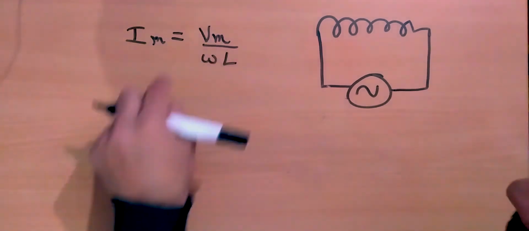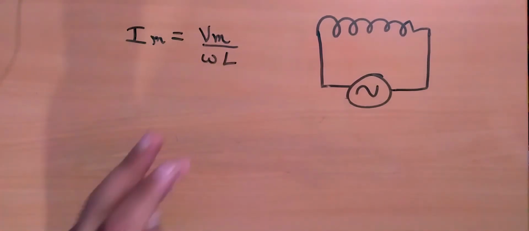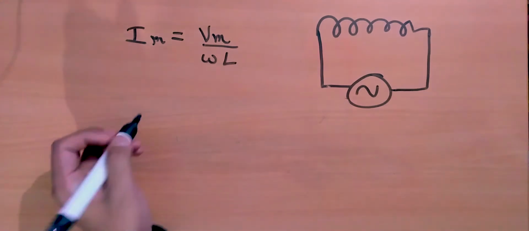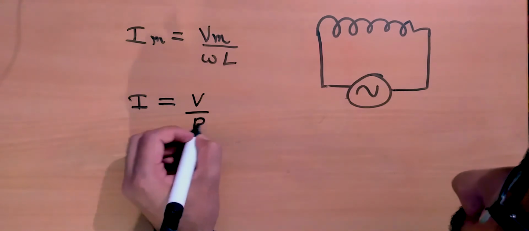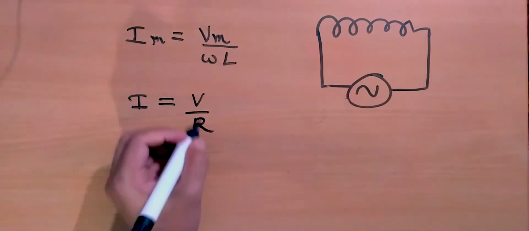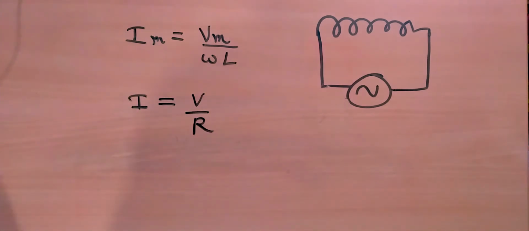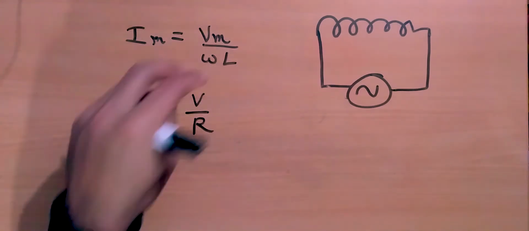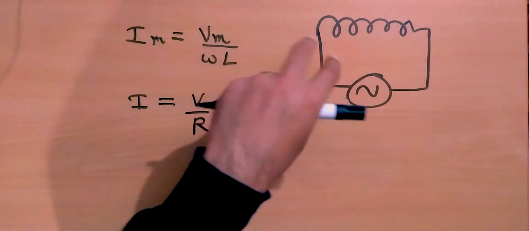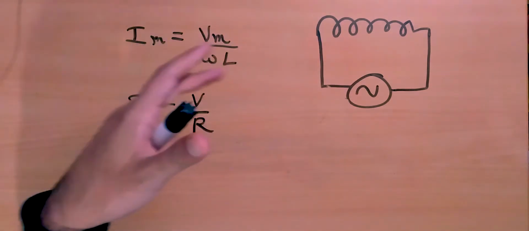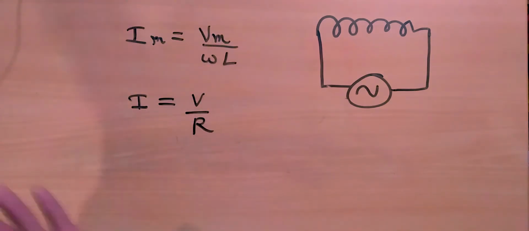But yeah, this thing here is of a similar form to Ohm's law, which is I equals V by R, right? This is Ohm's law, and Ohm's law was applicable to resistive circuits where we only had resistances, but this expression here is applicable to circuits that are purely inductive, just like this here, that have only some inductance, no resistance, no capacitance.